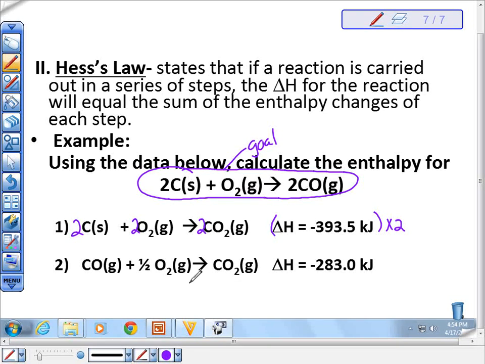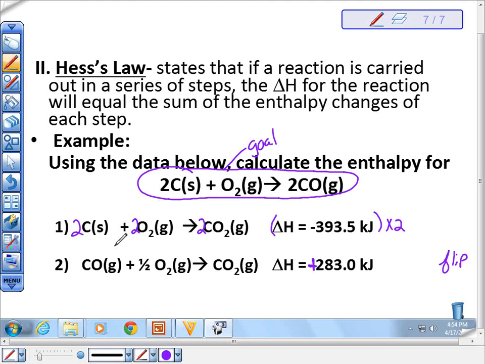So I'm going to write flip over here. When I flip it, I'm going to end up changing the sign. Right now this is an exothermic reaction, but if I flip it around, it's going to be endothermic. So I'm going to change the sign on my equation to a positive. I'm going to write it up here so we can see it better.